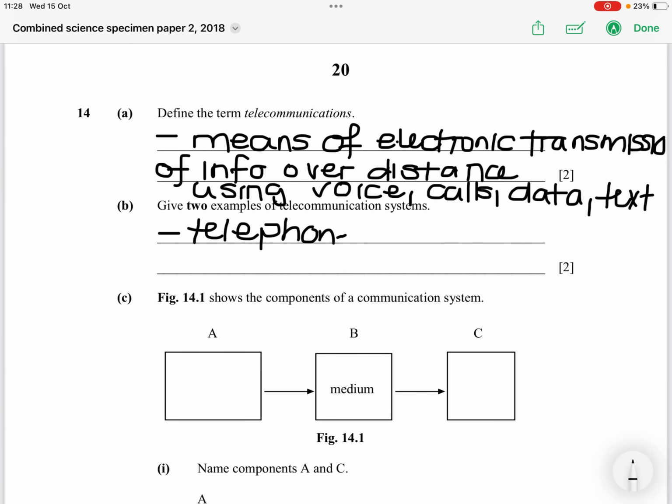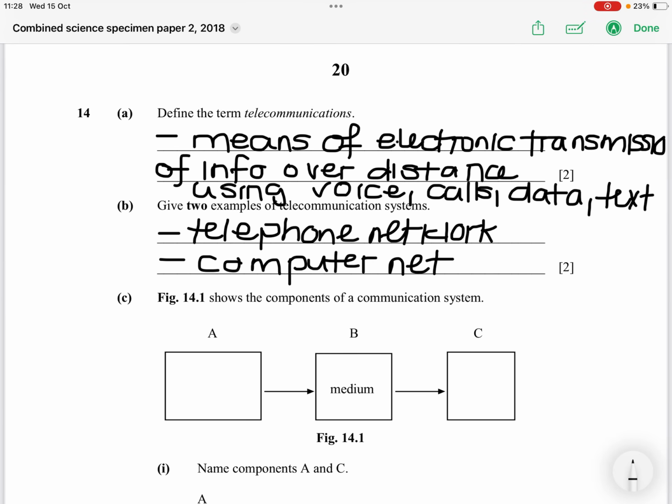And then give 2 examples of telecommunication systems. So we have the telephone network, we also have the computer networks, we have the radio broadcasting system, and also the internet.